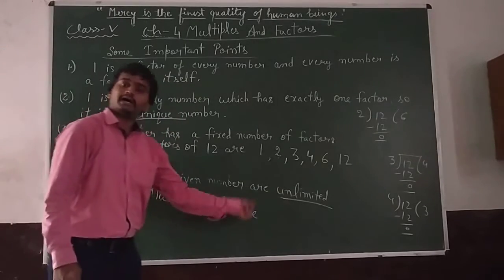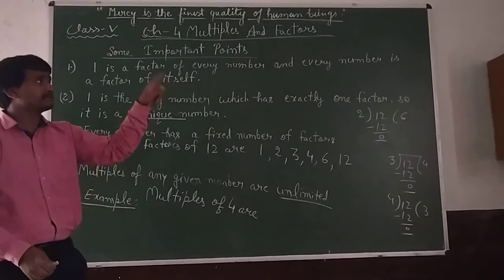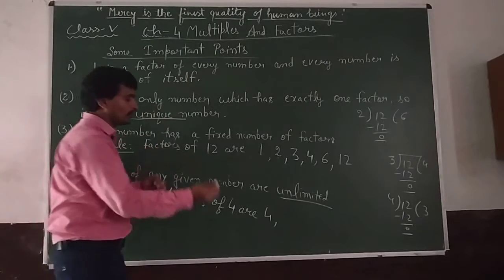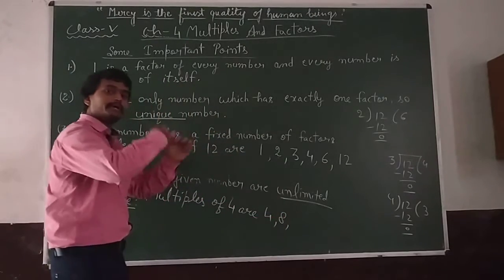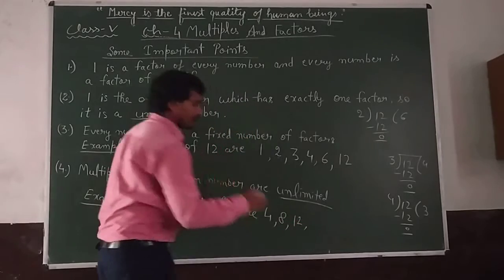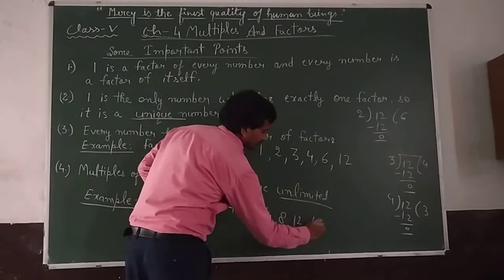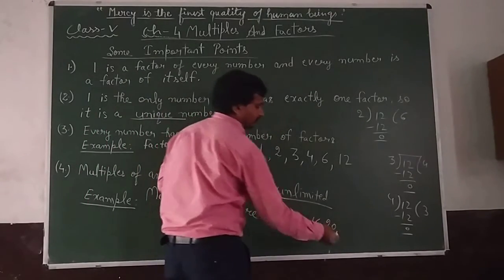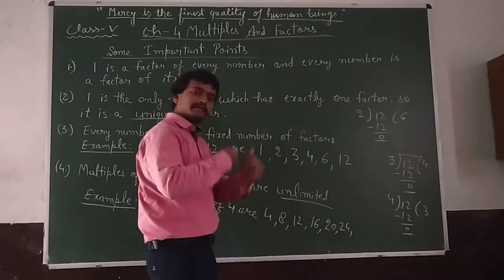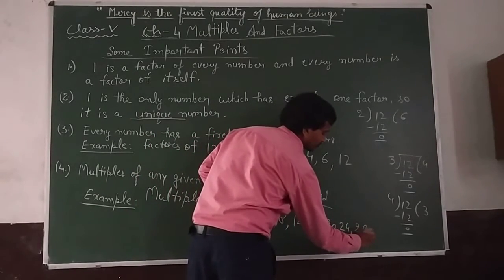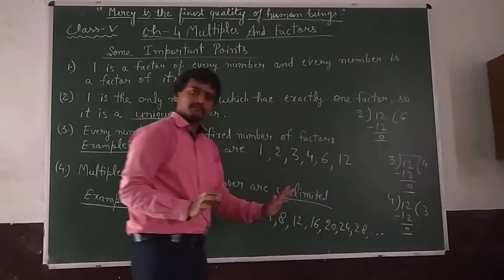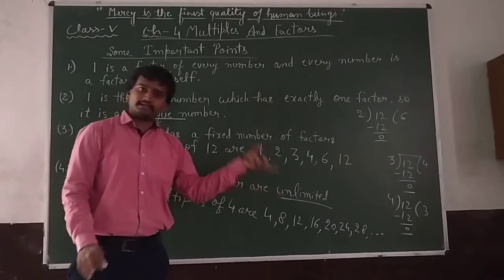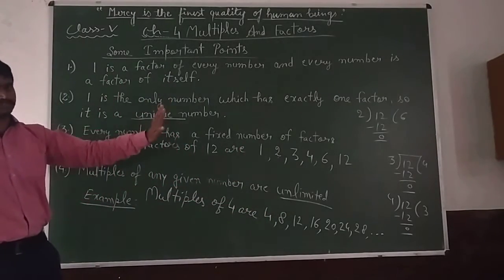Multiples of 4 means 4 multiplied by 1, 4. 4 multiplied by 2, 8. 4 multiplied by 3, 12. 4 multiplied by 4, 16. 4 multiplied by 5, 20. 4 multiplied by 6, 24. 4 multiplied by 7, 28. And so on. So the multiples of a given number are not fixed, they are unlimited, but the factors are fixed.